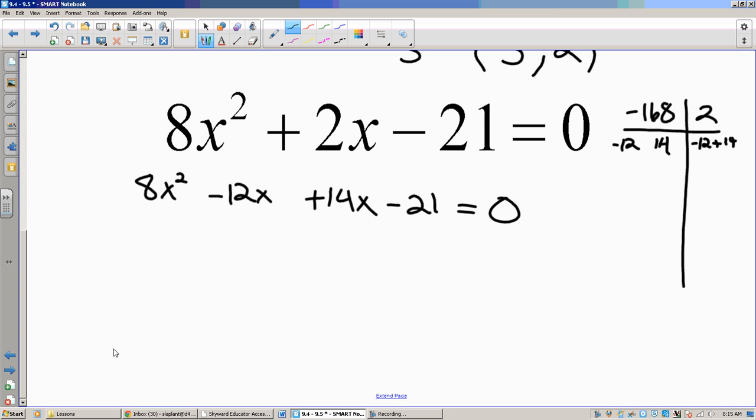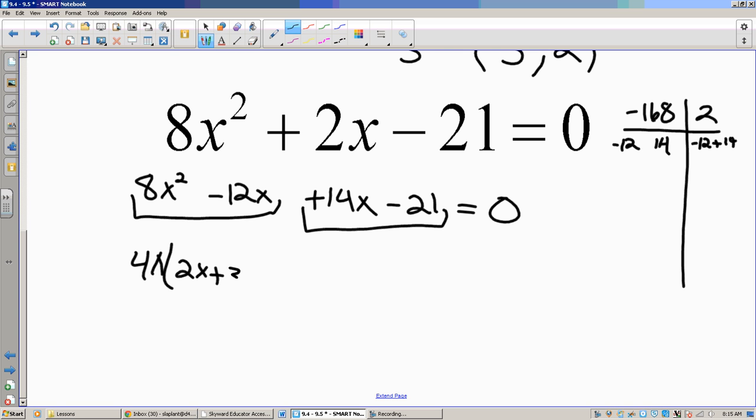Now I'm going to take those two binomials and factor out a common term. Here I'm going to factor out a 4x. If I factor out a 4x, I'm left with 2x minus 3. It's important that we get those signs right too. It's easy to make that mistake.